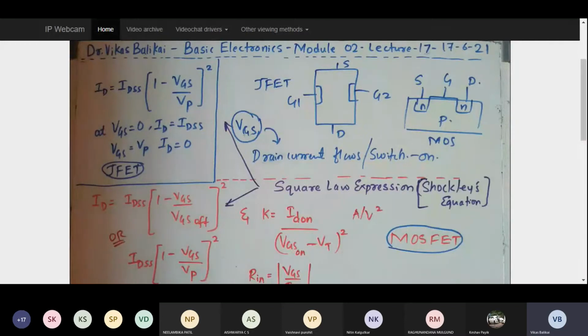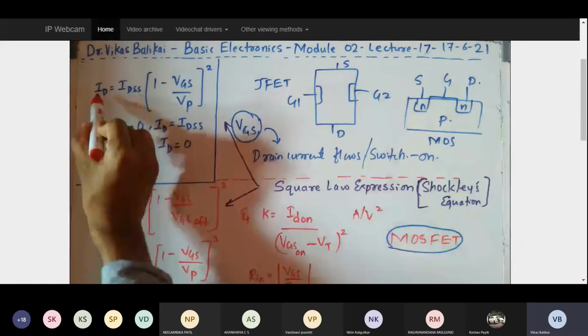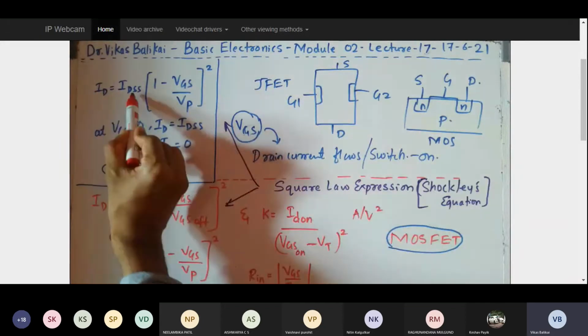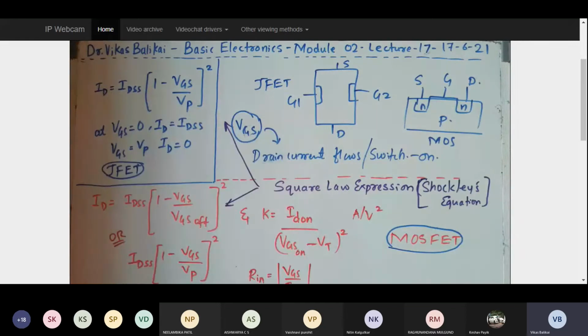So if I consider all these parameters and try to get an expression out of it, my expression for my JFET can be written as ID equal to IDSS multiplied by (1 minus VGS divided by VP) whole squared, where VP is the pinch off voltage, VGS is the gate to source voltage, and IDSS is the maximum current that flows after pinch off, that is, the saturation current.